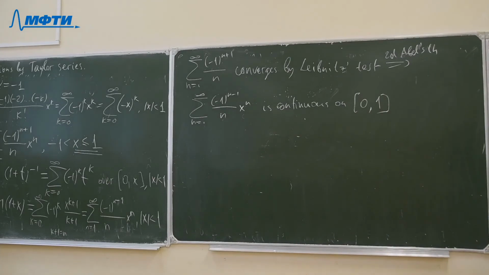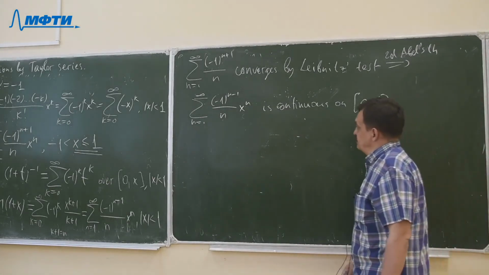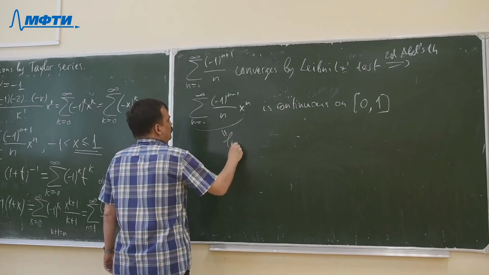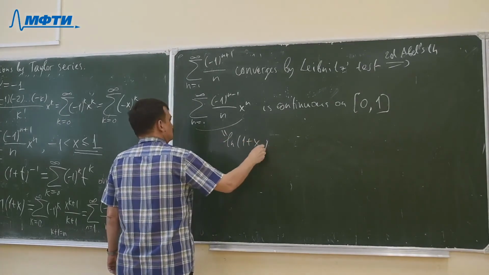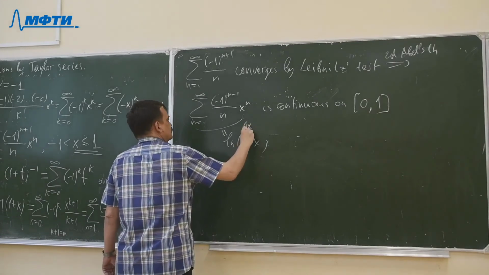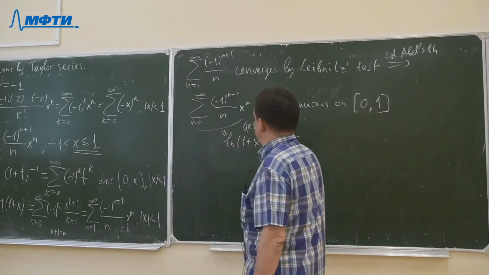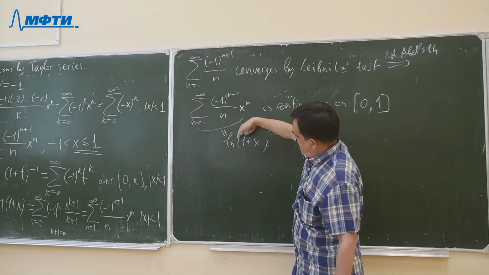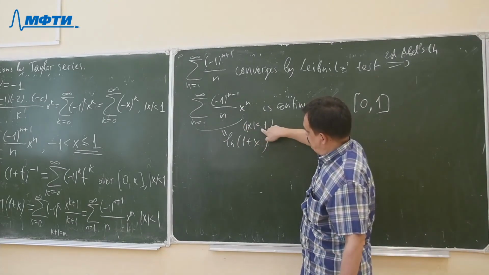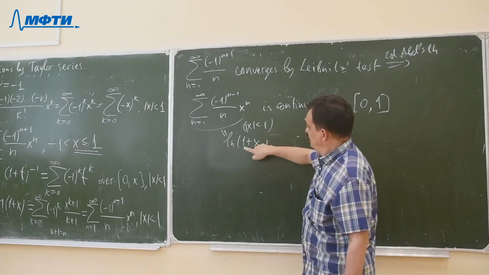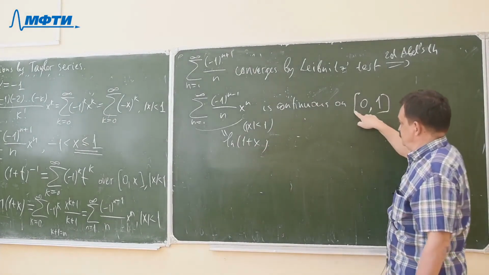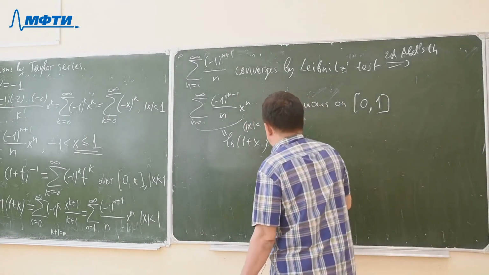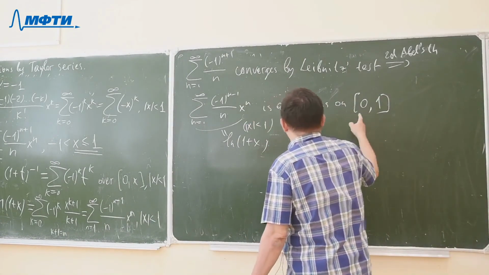That is a corollary of the second Abel's theorem. But we know that this is logarithm 1 plus x for x strictly less than 1. So you see, we have two functions which are equal for modulo x less than 1. We know logarithm is continuous on 0, 1, and the sum is also continuous. Hence, they are equal at 1.